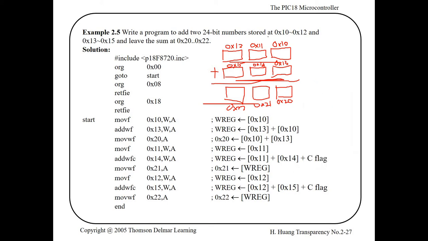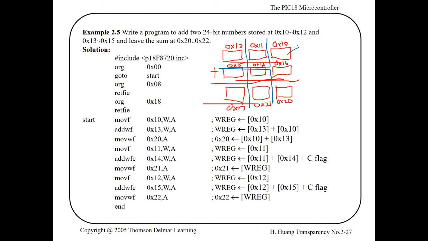So the first thing is you need to add byte by byte. So you need to separate them. So you need to settle byte by byte first. So the first thing is, what do you want to do?